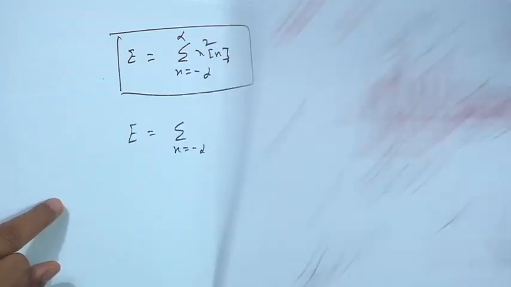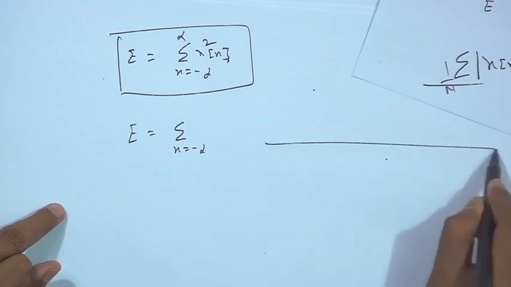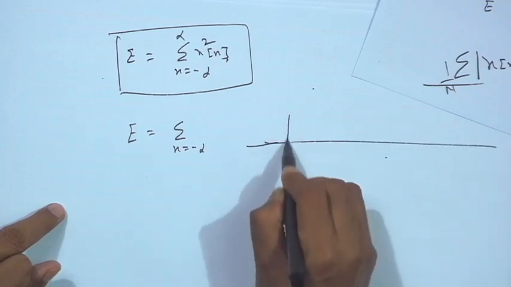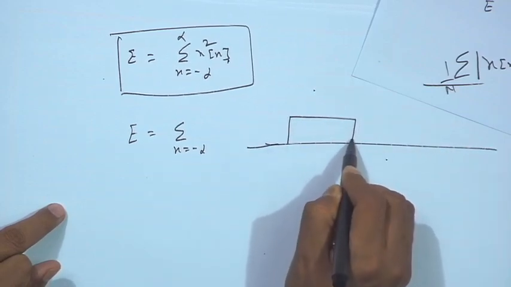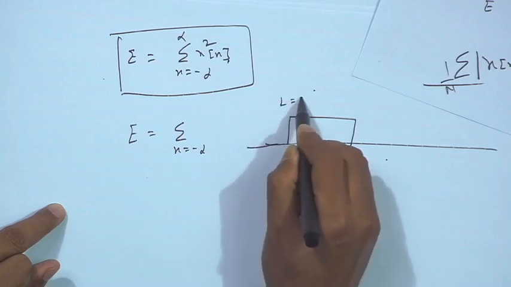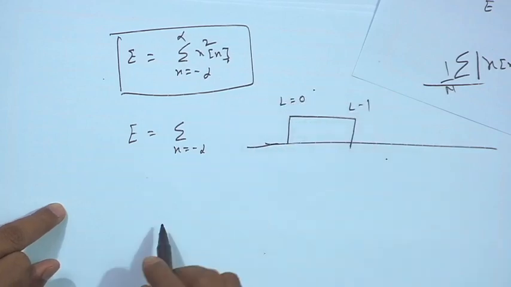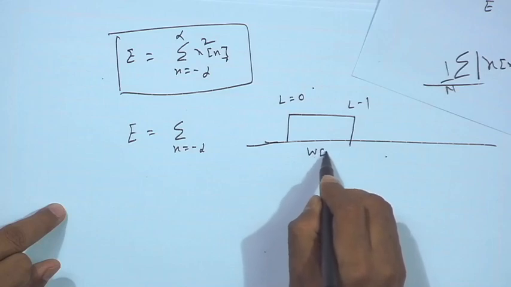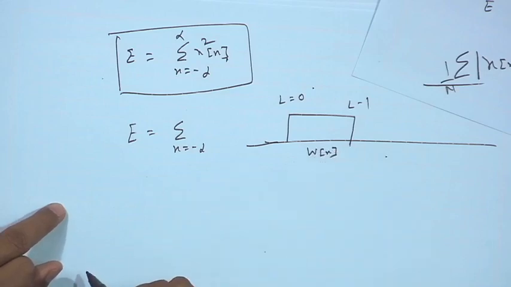So, what I am doing? There is an infinite length signal, and I place a window over the signal. This is n equal to 0 to L minus 1, which is w of n. Okay.